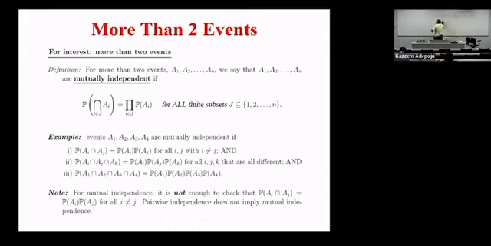If I want to write that in short form, I'm basically going to put the product of P of AI, of course I start from 1 to n, but I have to put a condition that my i is not equal to j, where the events are not the same. That's what I mean.